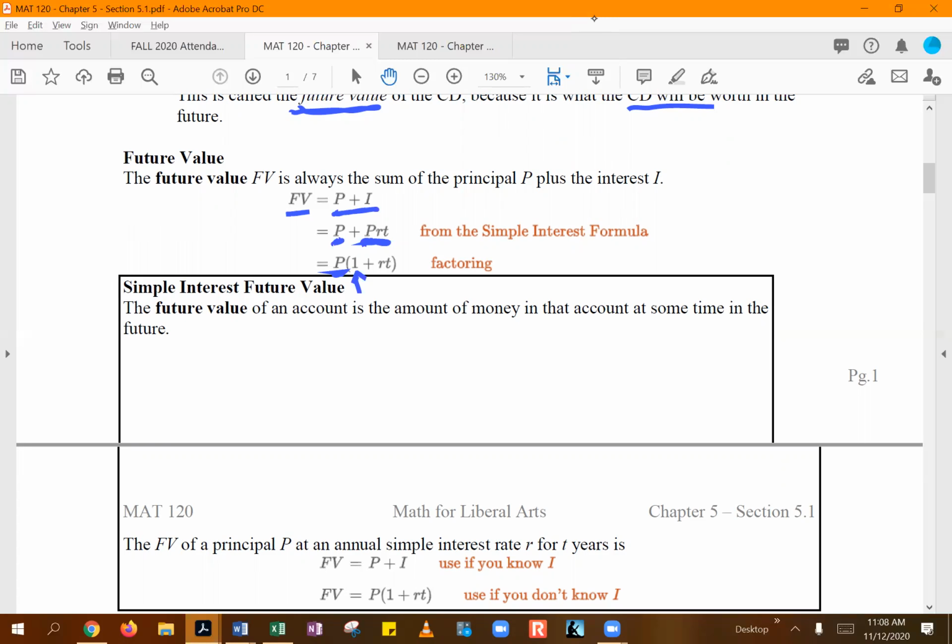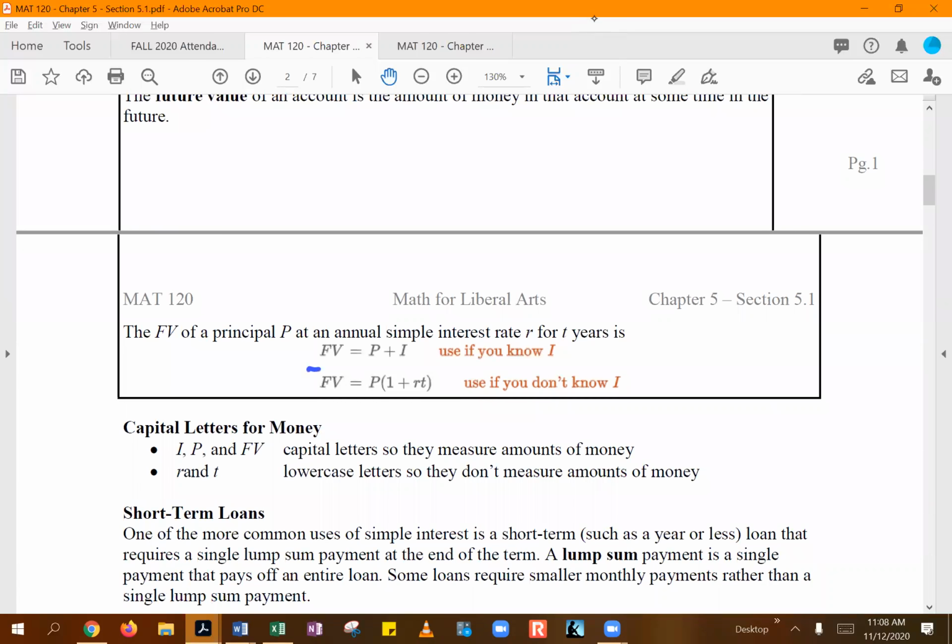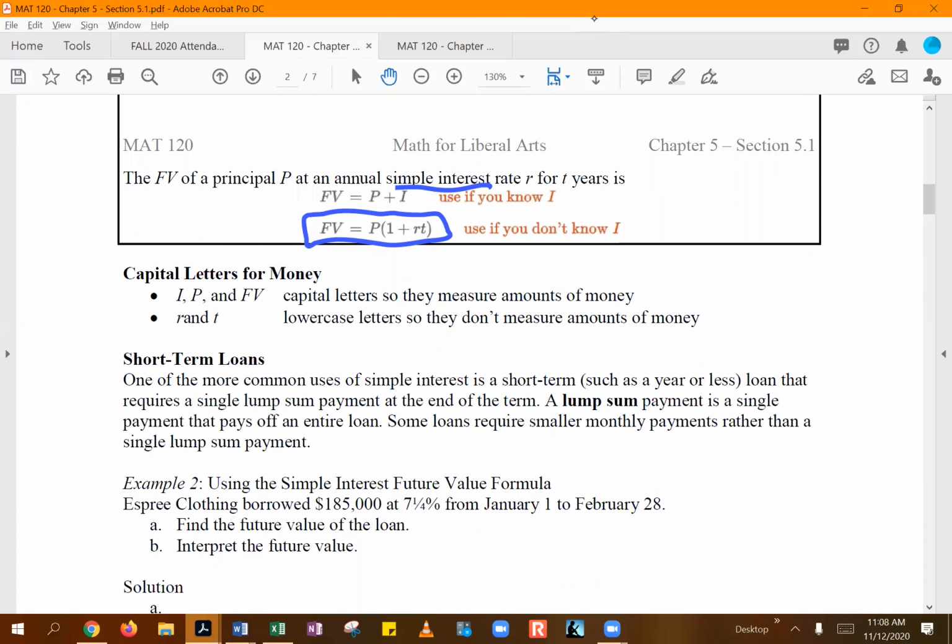And then from PRT, that P goes outside, so you're just left with R and T from the second term. So this gives you the formula for your future value. How can you calculate your future value based on simple interest? Honestly, it's just as simple as adding the principal with the interest.